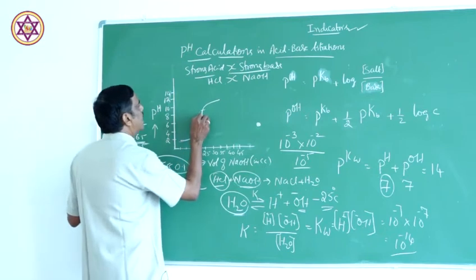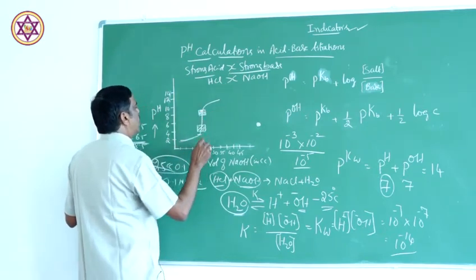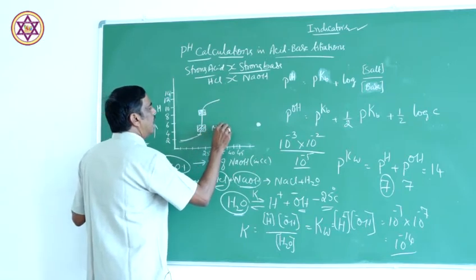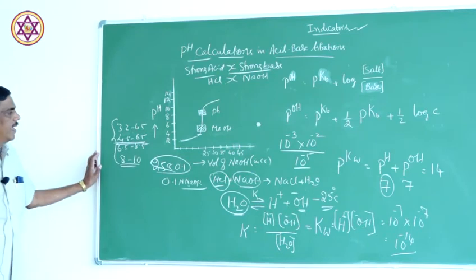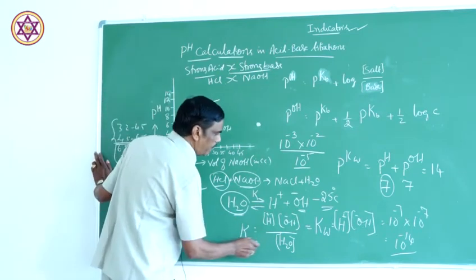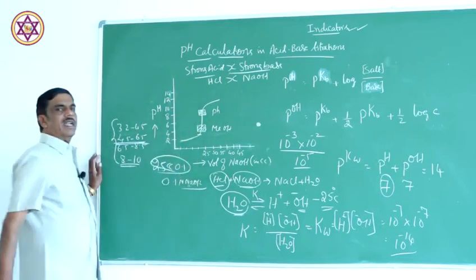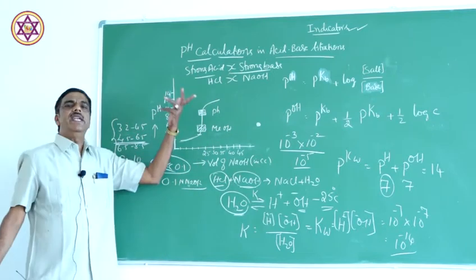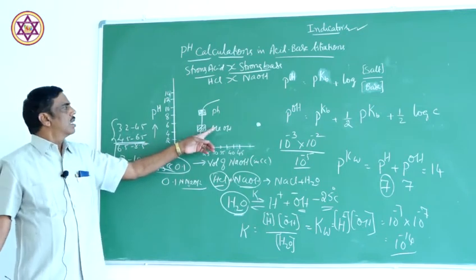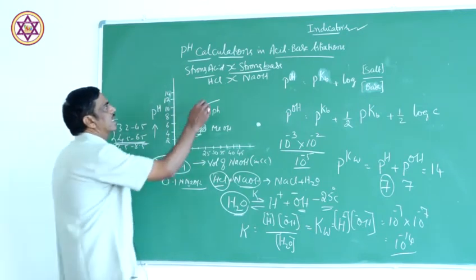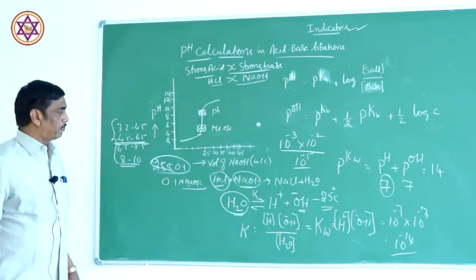So that change is also there between 8 to 10. Therefore you can use either methyl orange or phenolphthalein indicator as we have explained earlier. You can use methyl orange or phenolphthalein indicator in case of strong acid, strong base titration.